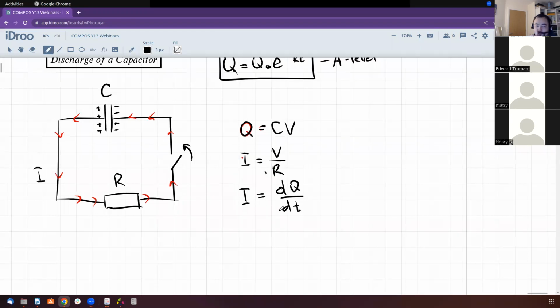The only thing I have to mention is that, because a current leads to the discharge of the capacitor, it's the change of charge. So dq is the change of charge, similar to delta q. Delta q and dq are very similar; dq is just a much smaller change of charge. So this has to be negative, because it is discharging.